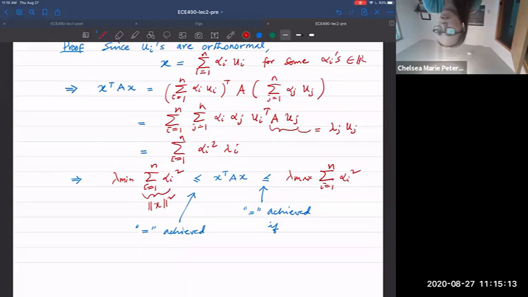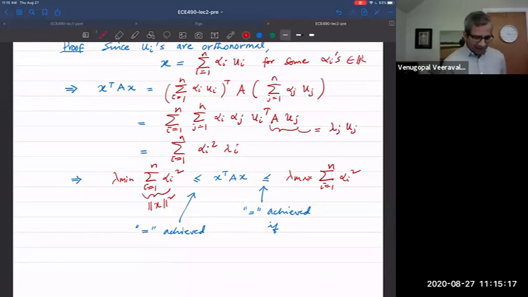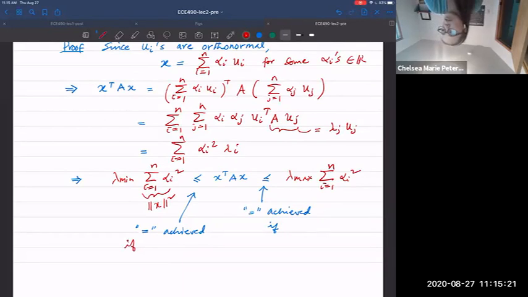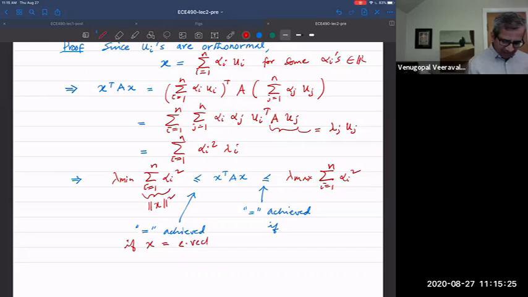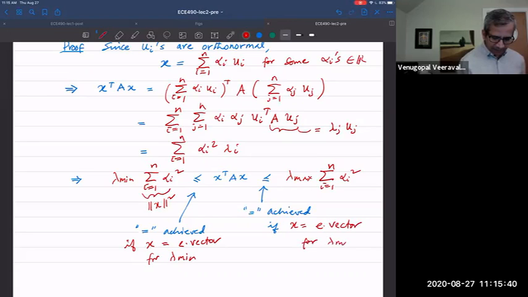Wouldn't it be the eigenvector corresponding to lambda min? Very good. Yeah, if x is equal to the eigenvector for lambda min. And similarly, the right-hand side is achieved if x is the eigenvector for lambda max. Okay.